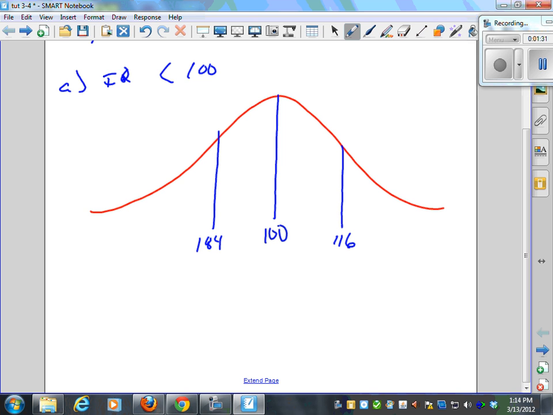Everybody nod. Just checking. What would be the next boundaries there, Kiefer? I'll give you the easy one. 132. And I'll see if I can do this one right. What's that going to be? 68?